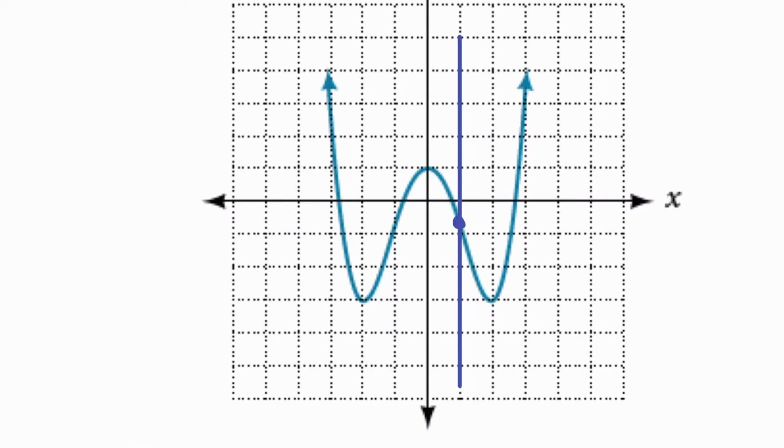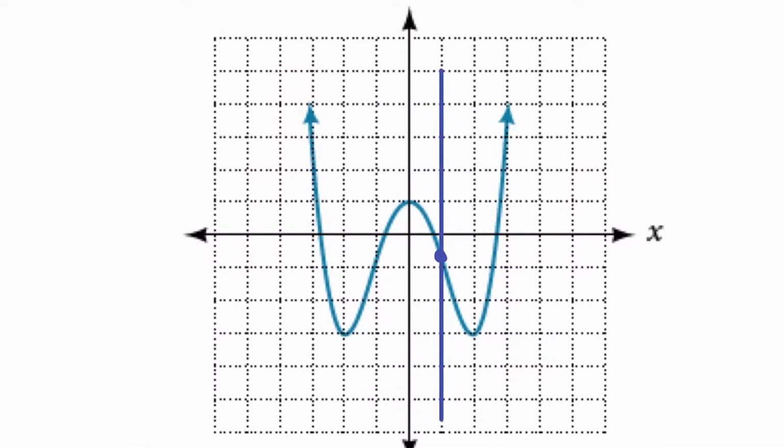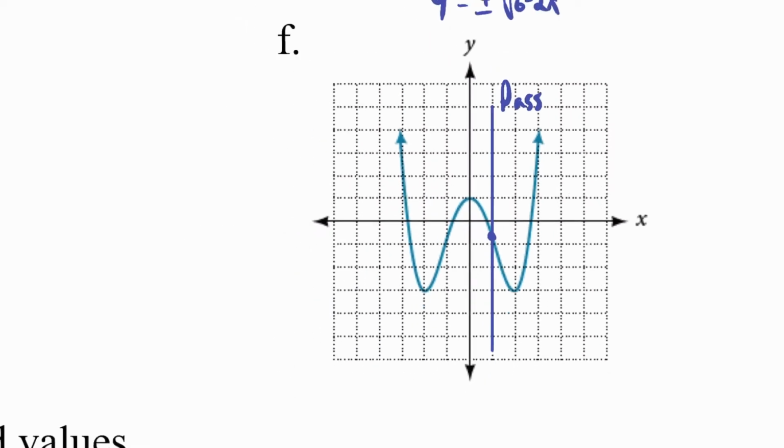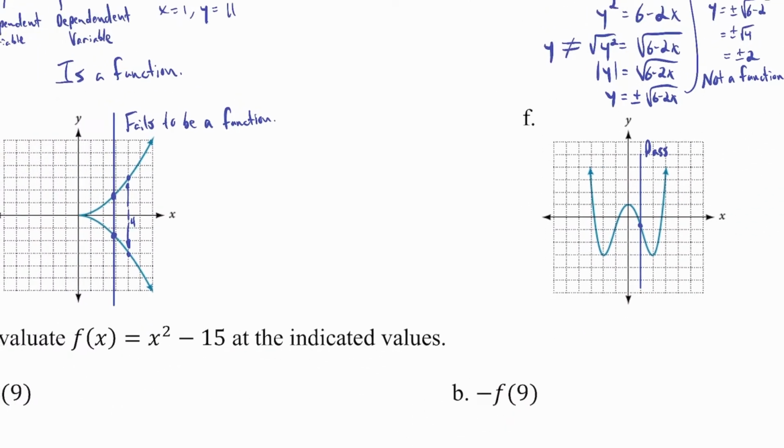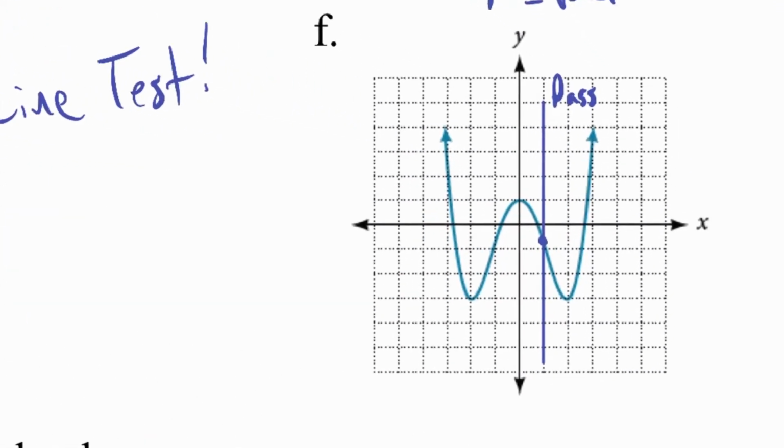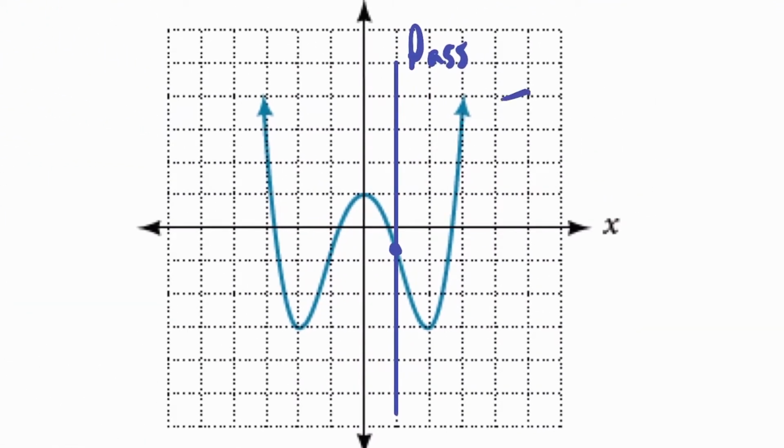And no matter where I slide the line around, the line only hits the graph at one position. So this passes what's called the vertical line test. In fact, let's write that over here. Okay. This one passes, so this is a function.